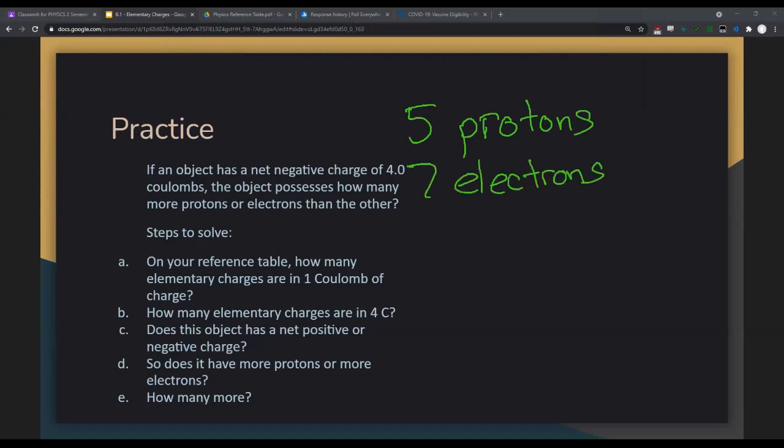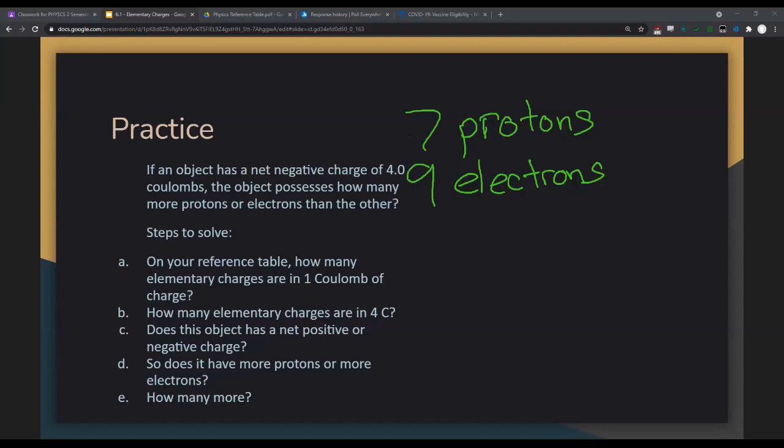How many more electrons do I have than protons? Two. You have 2 more electrons than protons.